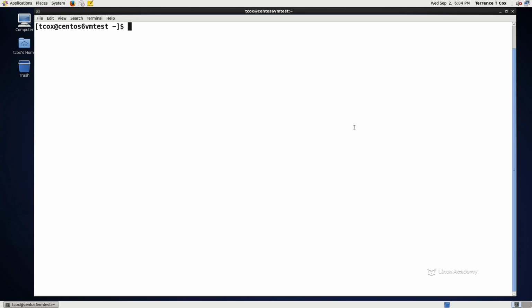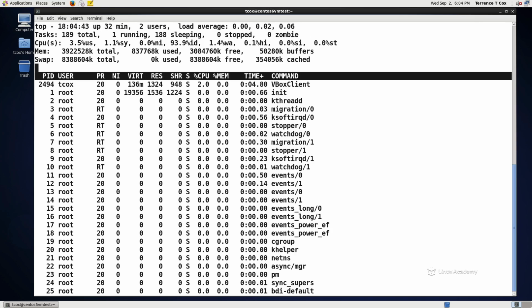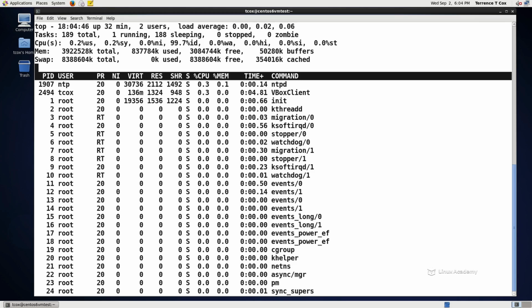In these reports. So for example, if someone were to come to you and say, I need to know what's currently eating all of the CPU cycles on the system. It seems sluggish. Everyone's heard of the top application. The top application tells us a bunch of different things about our system.